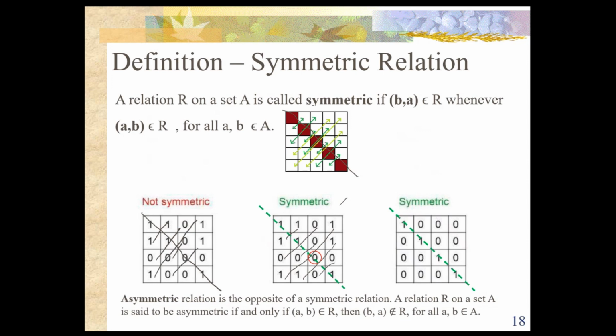Oh no, you see, this is the one that is not matching, because this one is 1 and its counterpart is 1, whereas on the other side it is 0. So the moment you find one pair of cells not fulfilling the symmetric property, the whole relation matrix is considered not symmetric. No need to check the rest.